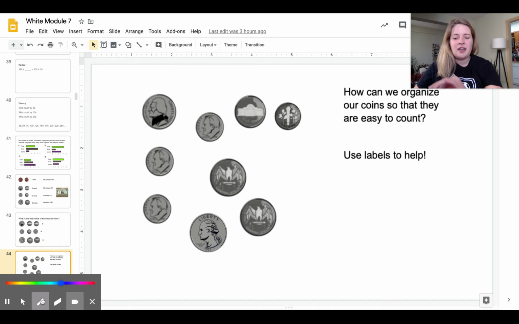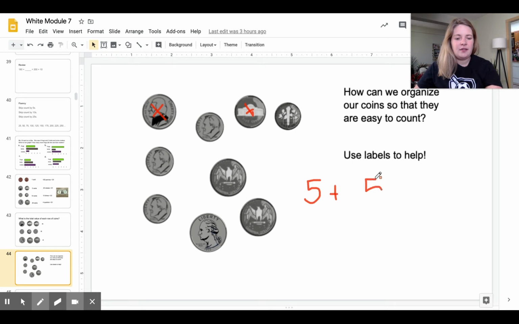I'm going to use different colors to indicate which one is which. So for a nickel, that's worth 5 cents. So I would put the nickels together. And then I would do 5 plus 5. Easy peasy.